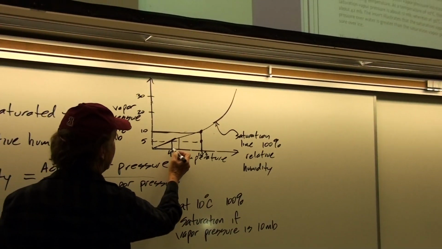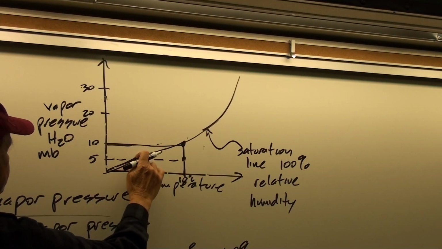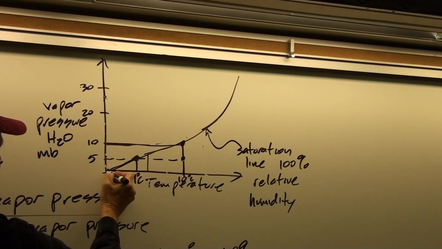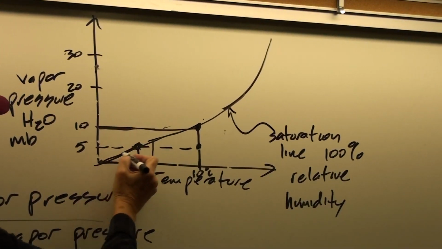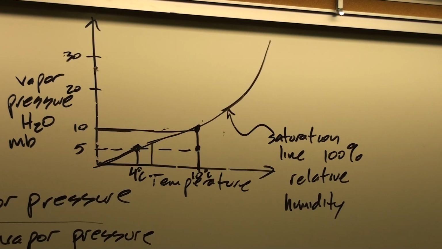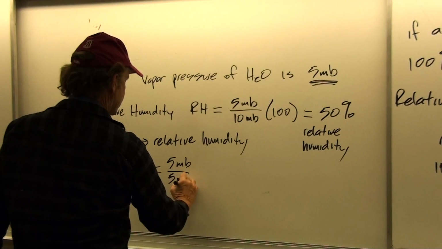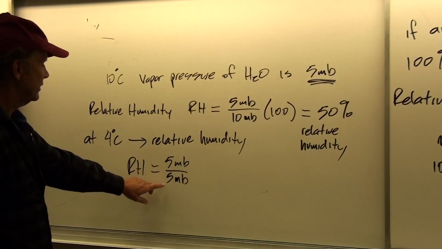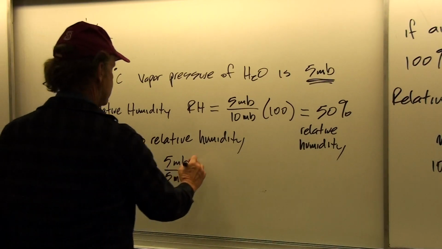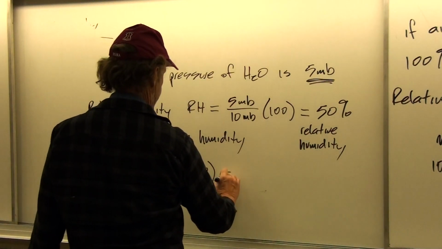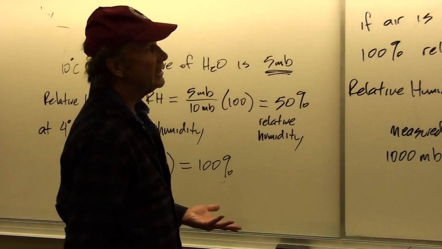Here, this is your 5. It's intersecting the curve at 4 degrees centigrade, the way that I've drawn this here. So that means that because you're on the line, and this line is the saturation line of 100% relative humidity, it means that you're at 100%. Because now, the saturation vapor pressure is the same as your vapor pressure. So you're at 100% relative humidity.